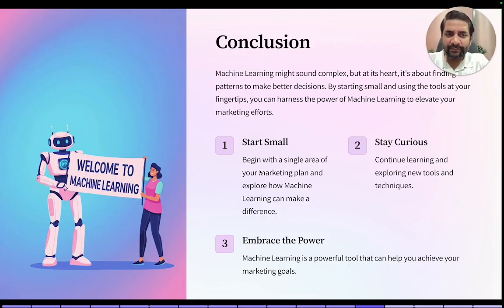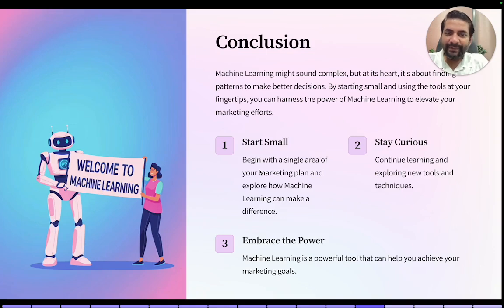You need to start small, using the tools at your fingertips. You can harness the power of machine learning to elevate your marketing efforts. So you go small, use the tools that you are able to understand, and slowly, as machine learning improves, your ability to get deeper and get better will improve.